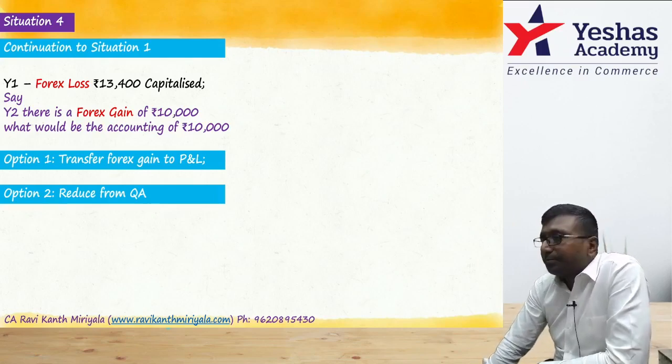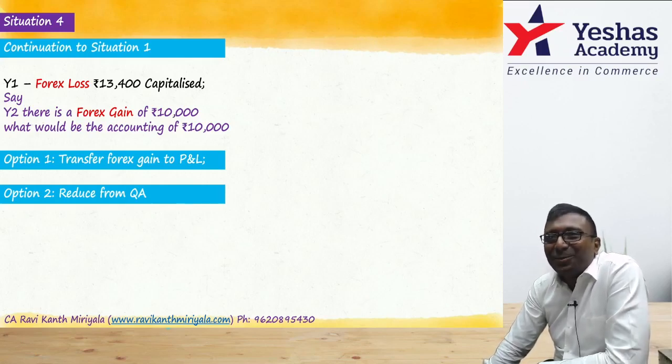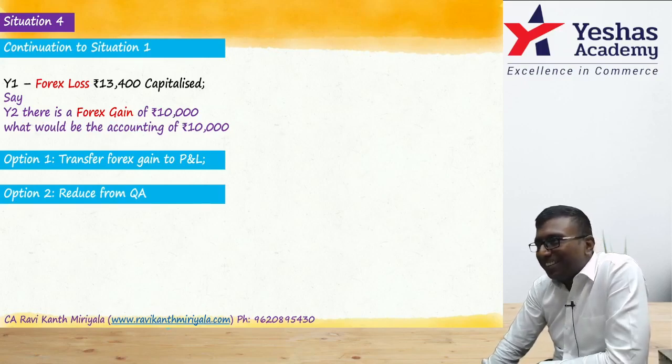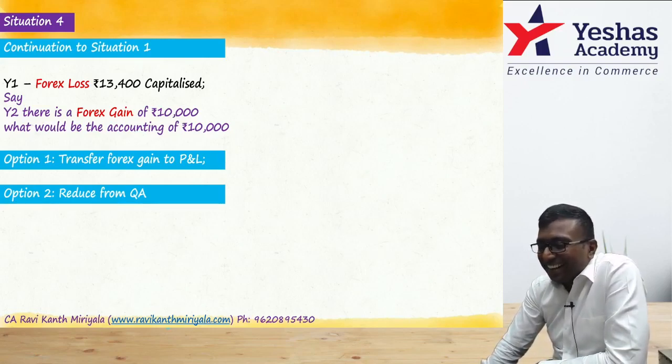हाँ बोलो. P&L. बोलो. P&L adjust with QA ना. Right. No, not correct. Not correct.